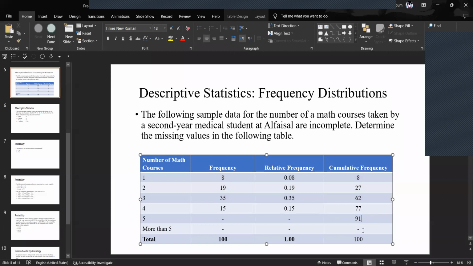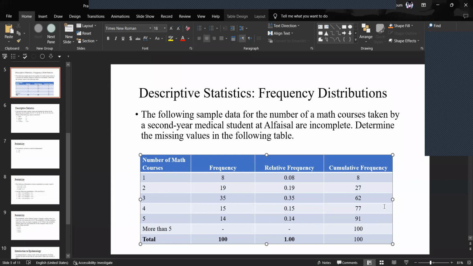Next we want to find the row of people that took 5 maths courses. To do that, we do 91 minus 77. That's going to be 14, so the frequency of people in this group is 14. And then the relative frequency is 14 divided by 100, or 0.14. And now for the last group, the cumulative frequency has to be 100.